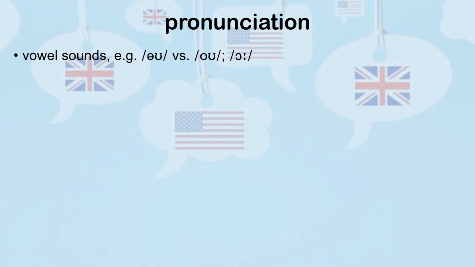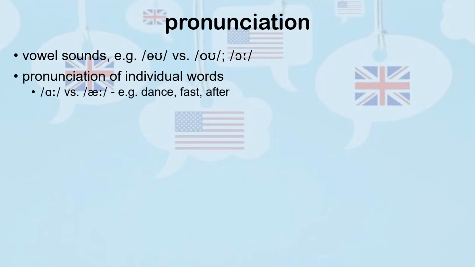In British English, that is strongly rounded. In American English, it's unrounded. Or if we think of that more American English word, awesome, it would be pronounced differently in British English and in American English.